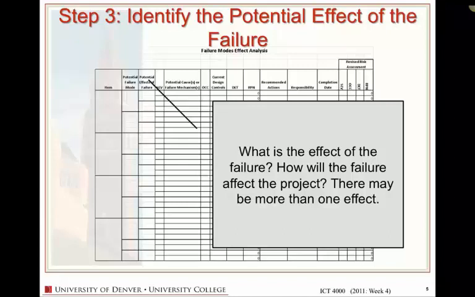Again, there might be more than one effect. Burnt pizza could cause a bad dinner. It could also cause a late dinner because we'd have to recook the pizza. It could cause other kinds of effects as well. But what we want to do is understand the various possible effects of that particular failure.